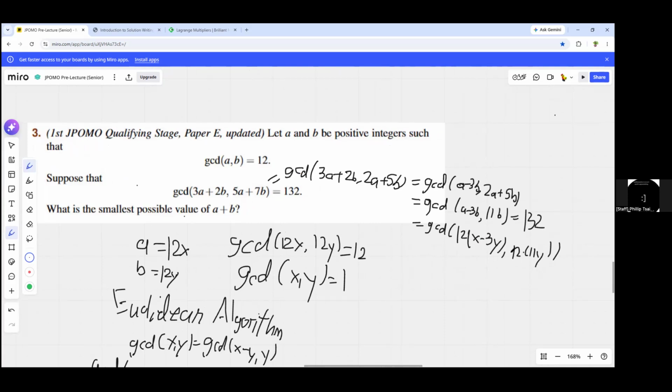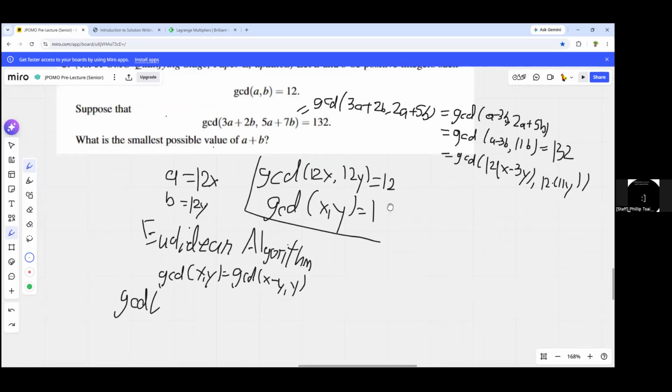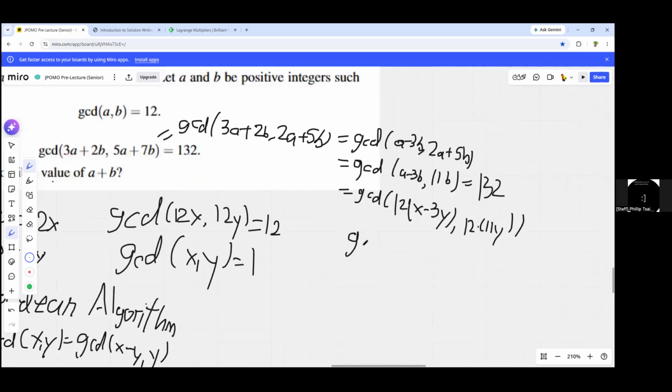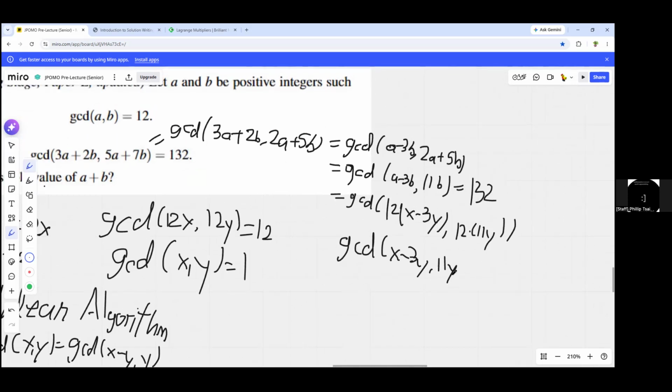And then we can divide essentially everything by 12, from a similar reasoning for why this is equivalent. So we get the greatest common divisor of x minus 3y and 11y.